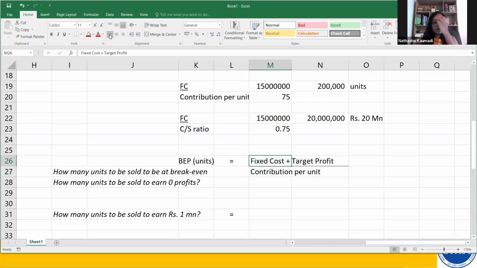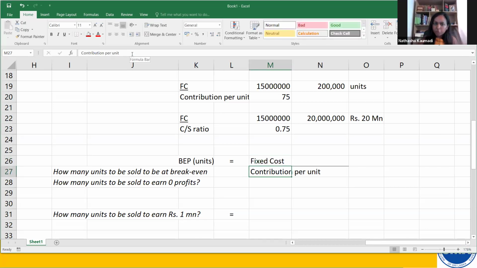When we were writing the original BEP formula, target profit was there. But target profit was how much when we were talking about break-even? 0, right? So in that case, we didn't write that. We didn't mention it because we are talking about 0.